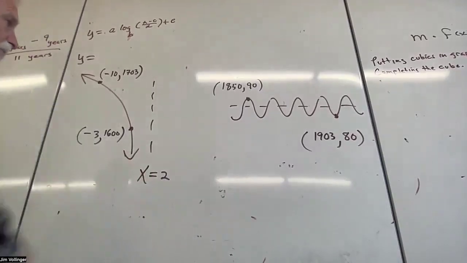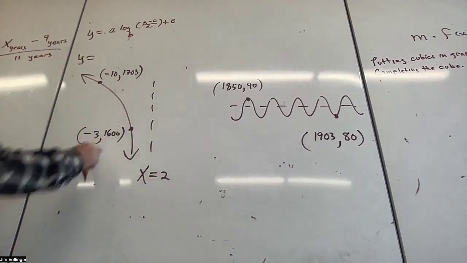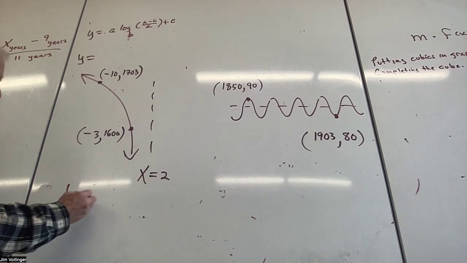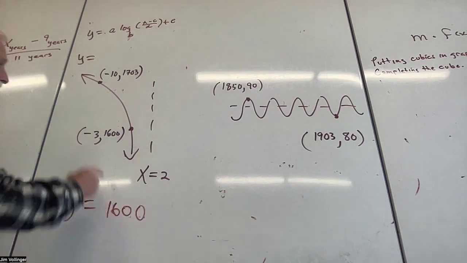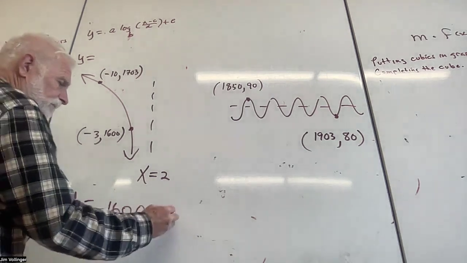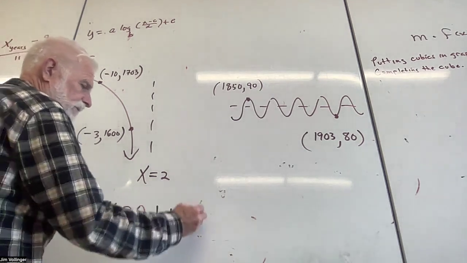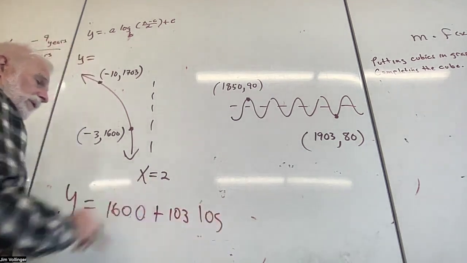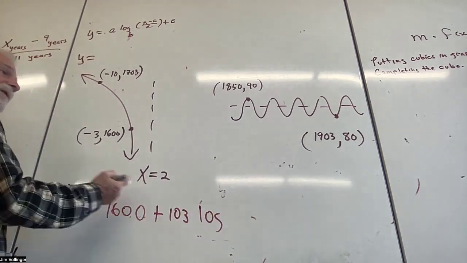And what about a reflection? So what about a reflection here around x equals 2? All right, so I'll start with 1600. How do I get from 1600 to 1703? I remember those years. Go up 103 years. It's a logarithm. We're looking at x equals 2 again, but we're looking in the other direction.